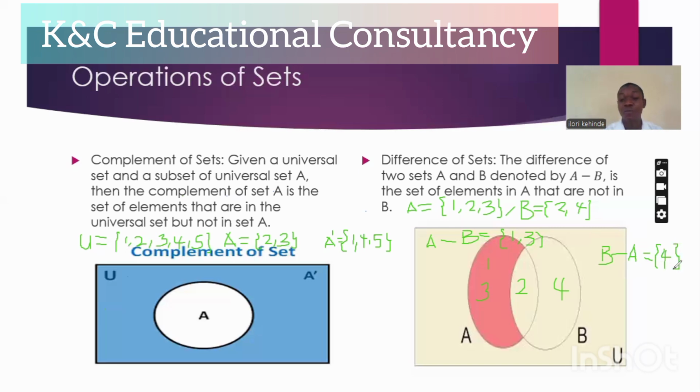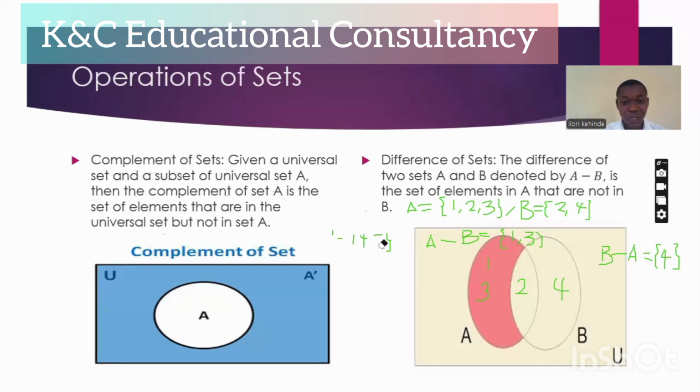So that is for B minus A. A minus B was 1 and 3, and for B minus A we have 4 here. So we are able to understand the concepts of complement of sets and difference of sets.